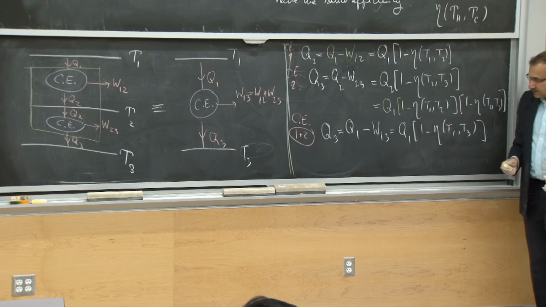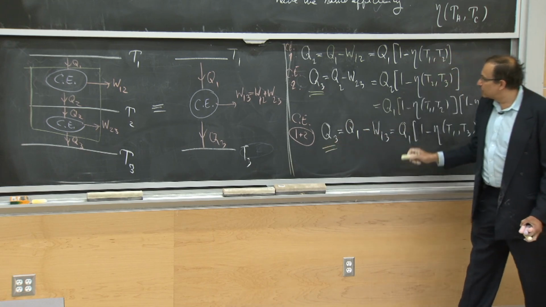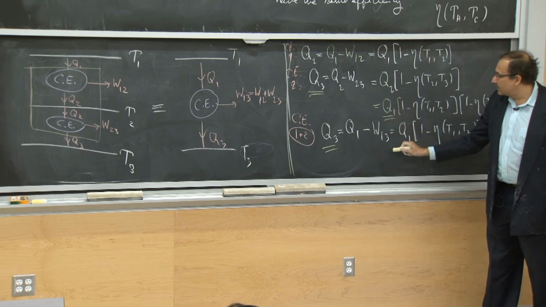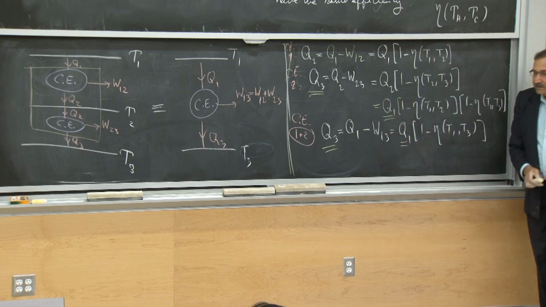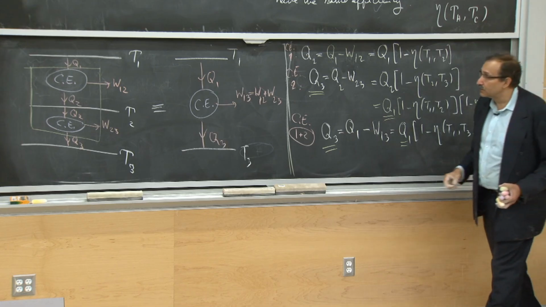So suddenly you see that I have two equations that relate Q3 and Q1, essentially two formulations of this ratio.